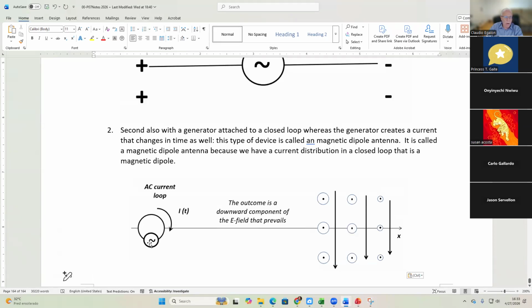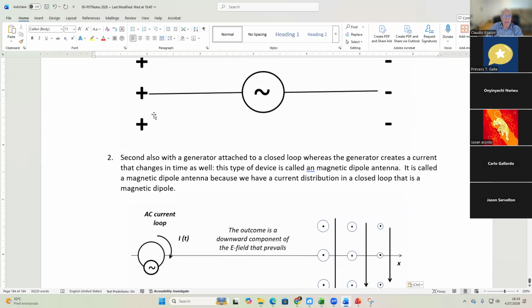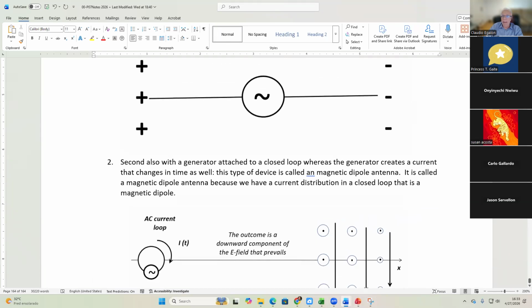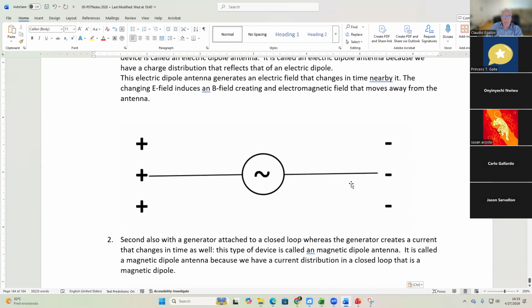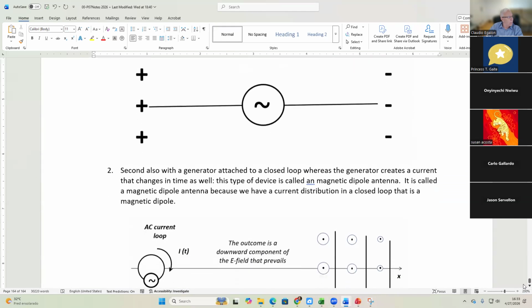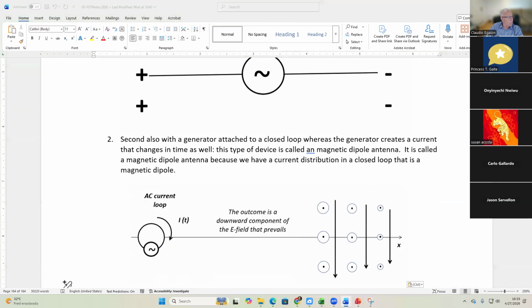Okay, this is called a magnetic dipole antenna. The other one would be an electric dipole antenna, because we have this polarity here of the device. Both configurations generate an electromagnetic wave.